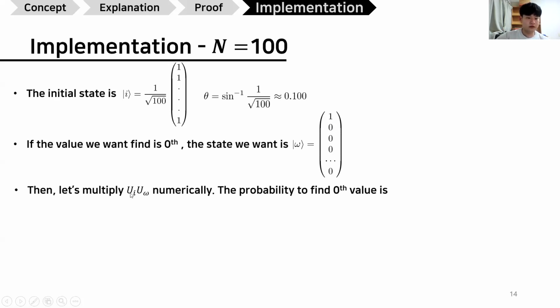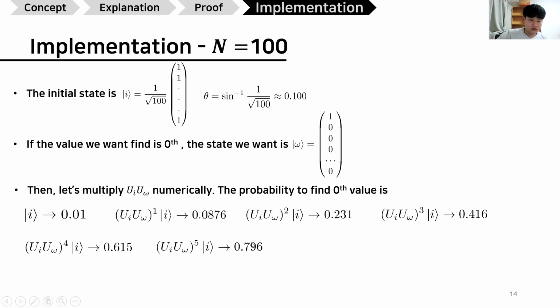So let's multiply Ui and U omega numerically. In a computer, this is very easy. The probability of finding the zeroth value at the initial step is this value. After one time, there is a small increase. And as the steps continue, the value keeps increasing. So at the final step, the value is almost 1. So we can get the state almost exactly.